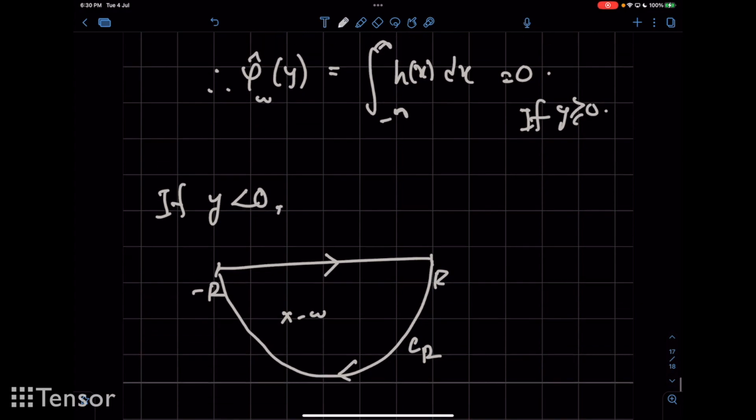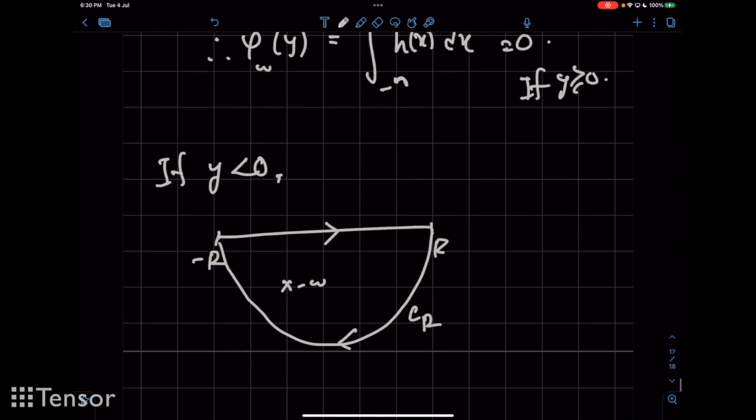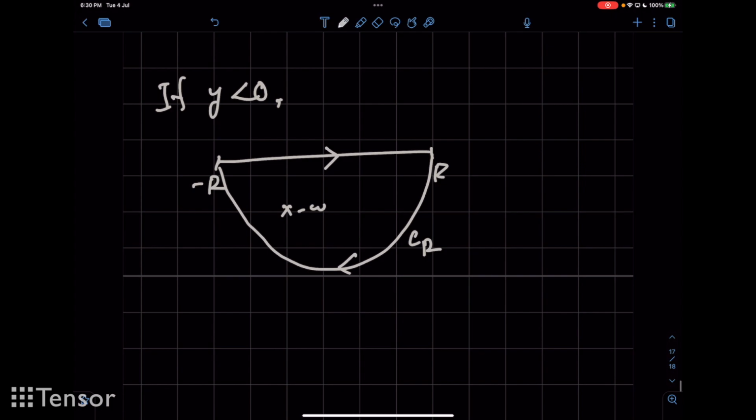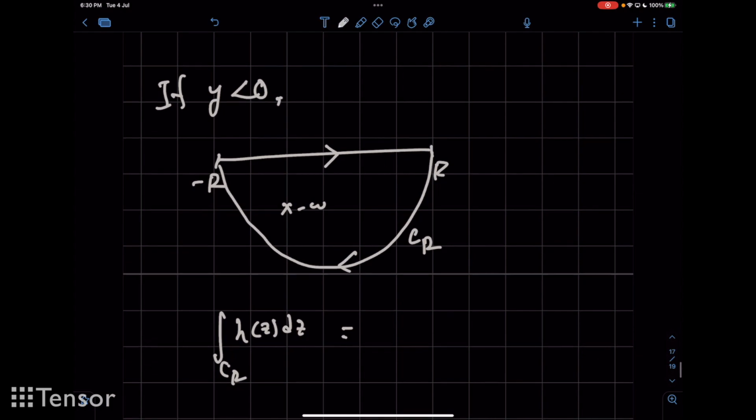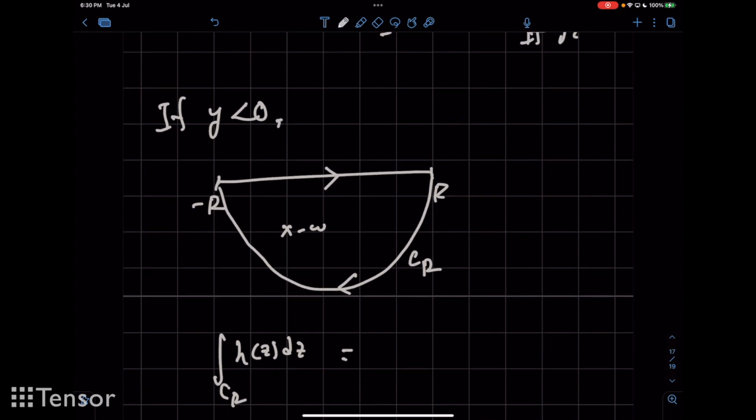So what is the integral of h of z dz over CR? Let us remind ourselves that h of z is equal to e to the power 2 pi i z y, divided by w plus z to the power k.